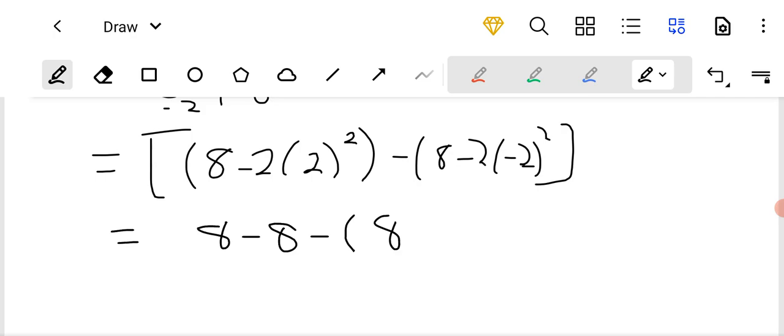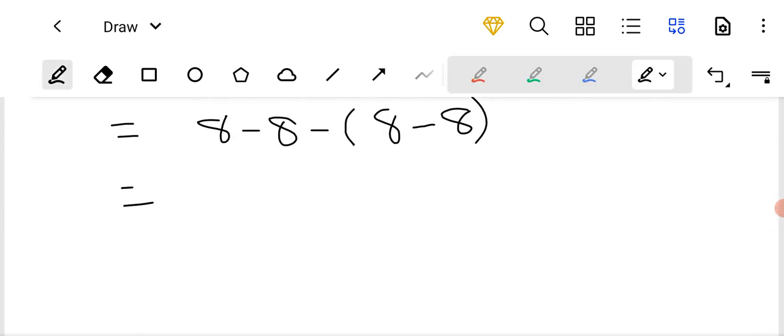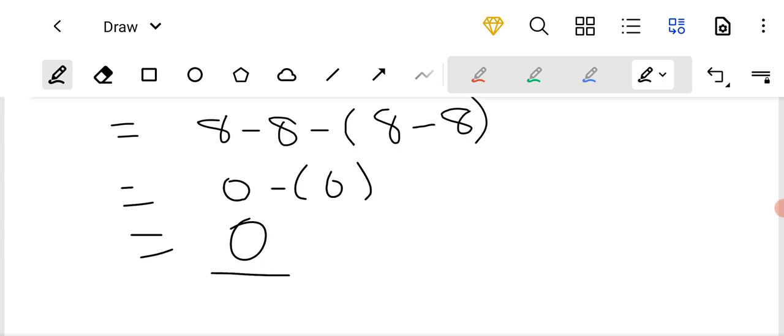In this particular case, you are going to have a negative 8. And then to continue, as you can see the way it's going, it will have 0 minus that, giving you that.